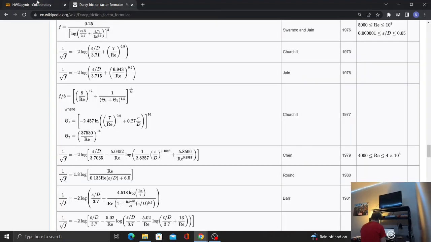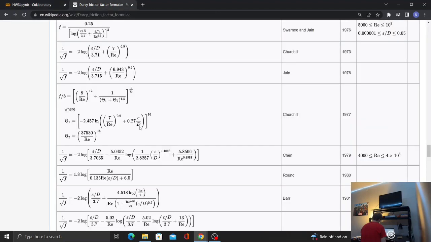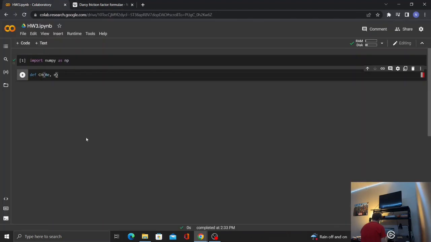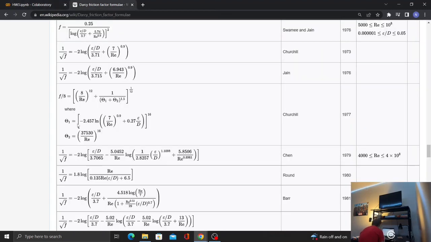And we're going to be inputting the Reynolds number and then our E over D here, which I'm just going to call ED. And colon there. First I'm going to put in this theta 1 equation, and then we will be putting in our theta 2 equation, and then our output will be this final Churchill equation.